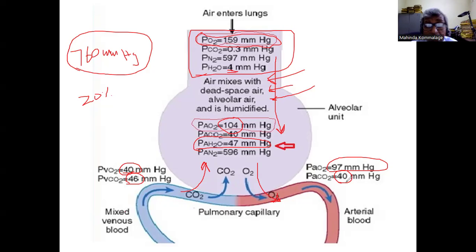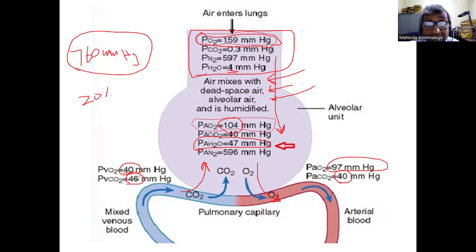So I want to highlight a few things. Partial pressure gradients of oxygen: here 104 and here 40. So we have a high partial pressure gradient for oxygen, from 100 to 40. The gradient is about 60.